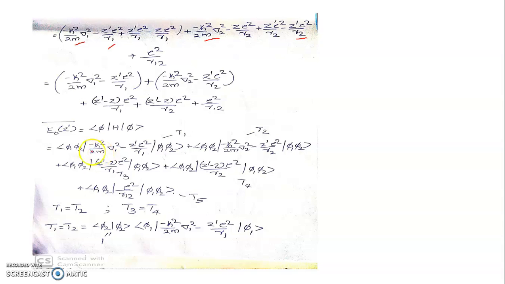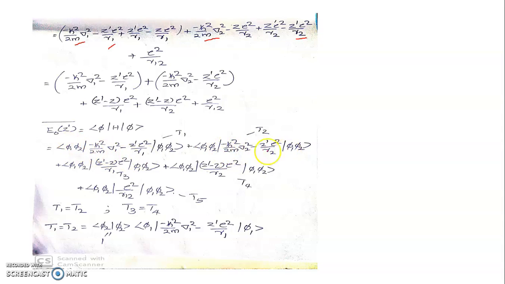Now look at the first term. The operator consists of two different operators, del 1 square and r1. Both are functions of r1 only, and in the wave function domain there are both phi1 and phi2. However, the operator del 1 square or r1 has nothing to do with the wave function phi2.